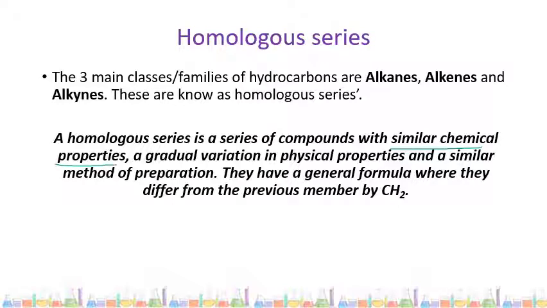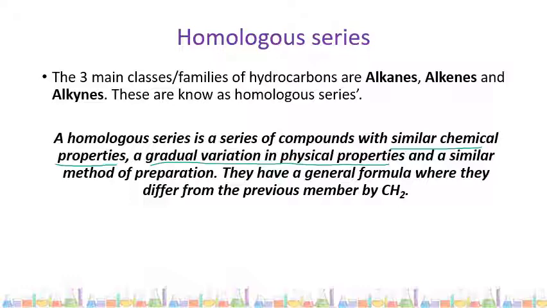A gradual variation in physical properties. Similar chemical properties means that they have similar reactions with the same substance. A gradual variation in physical properties means that it gradually varies as you go down the list. You'll have gases, then liquids, then solids, or the other way around.